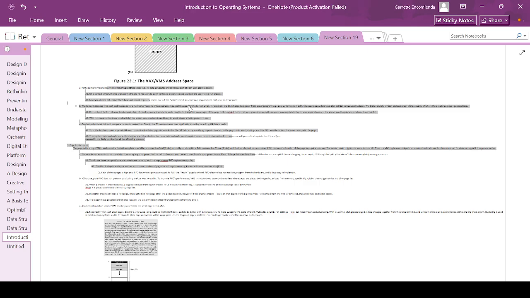Now, if we, for example, allocate another process or context switch to another process, the OS changes the P0 and P1 registers to point to the appropriate page tables of the soon-to-be-run process. So it changed the register.